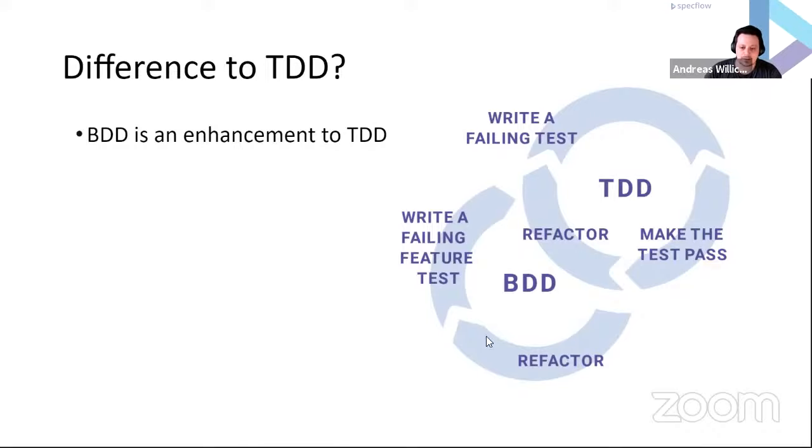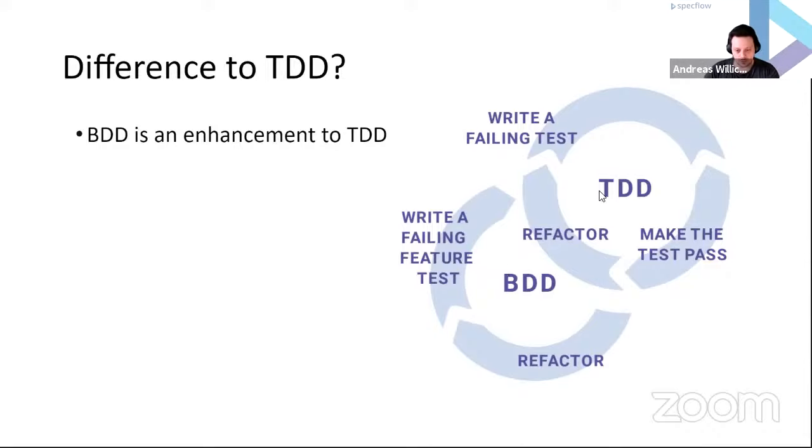BDD adds a second round around this, where it's all about the features. You start by writing a failing feature in Gherkin, this is red. Then you try to implement this in a TDD cycle, make it pass, and then you can refactor again. And then you start the next feature. As always, that's optional.